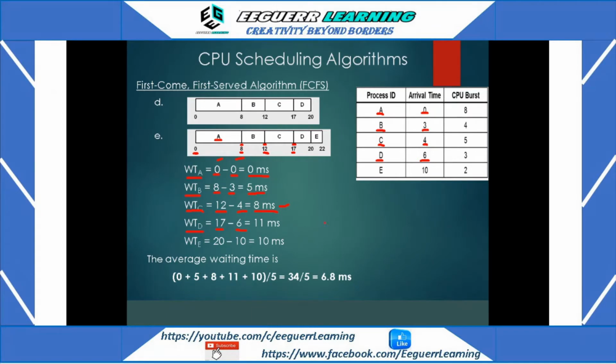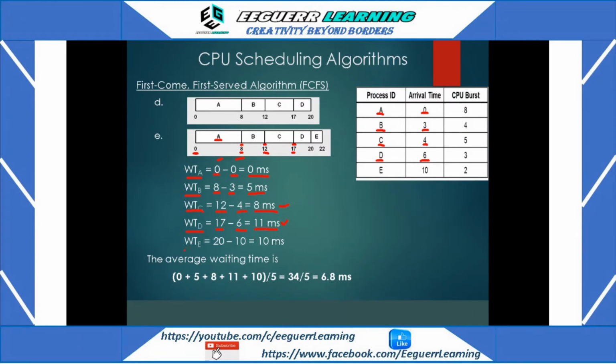Then subtract: 17 minus 6 gives us 11 milliseconds. So the waiting time of process D is 11 milliseconds.